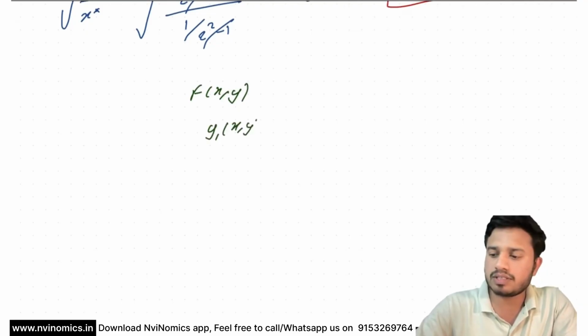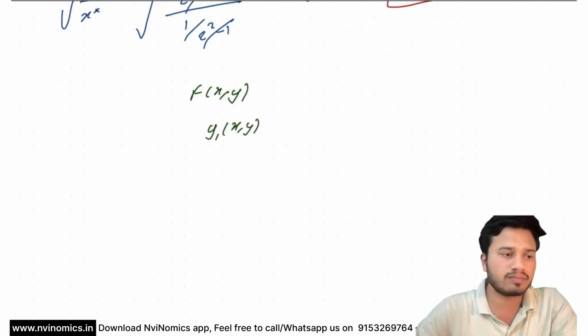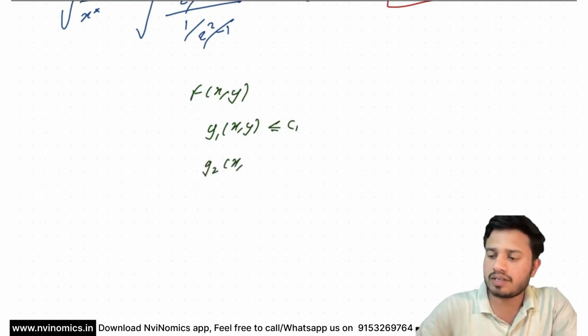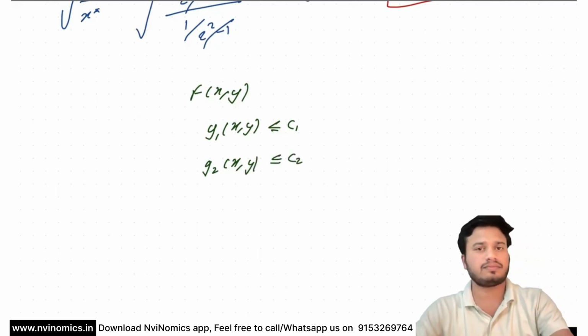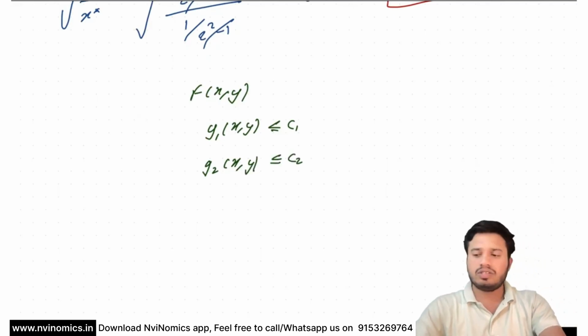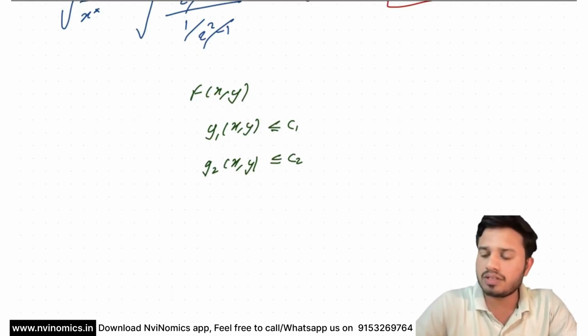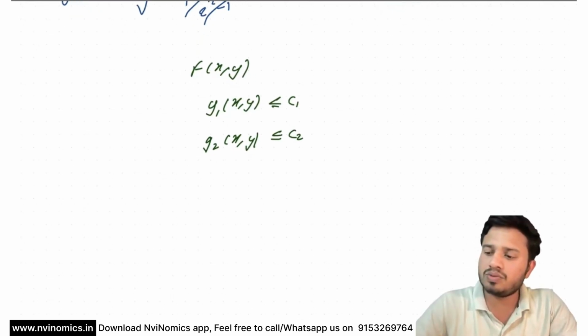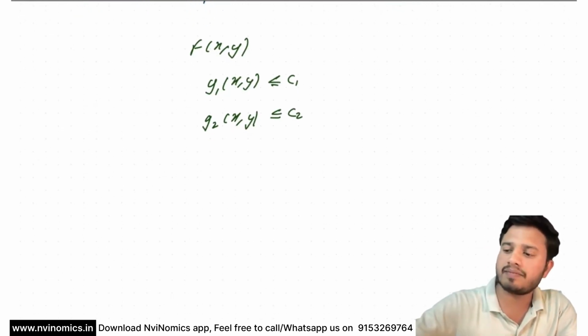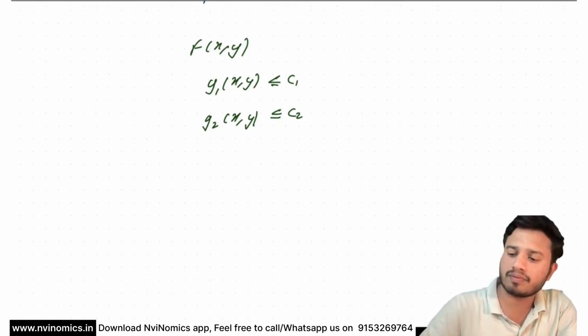Like suppose one constraint is g1(x,y) less than some c1, and g2(x,y) less than or equal to some c2. In these types of problems, we use LPP, linear programming.